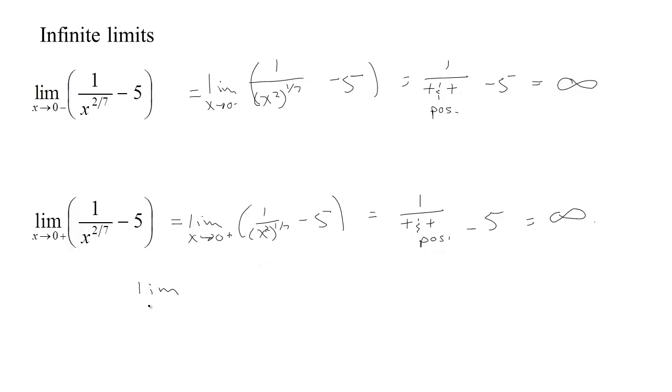In this case, the two limits match, so we can talk about this limit. We could say this limit is infinity. So it doesn't exist as a finite limit because infinity isn't a number, but it does exist as an infinite limit, and it does give us information about this graph.